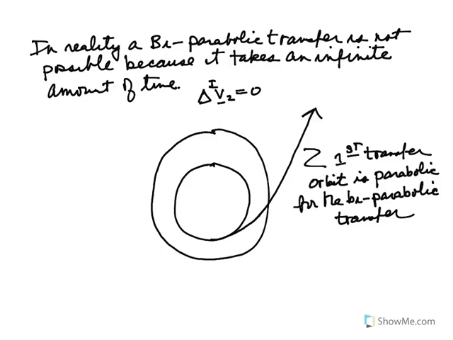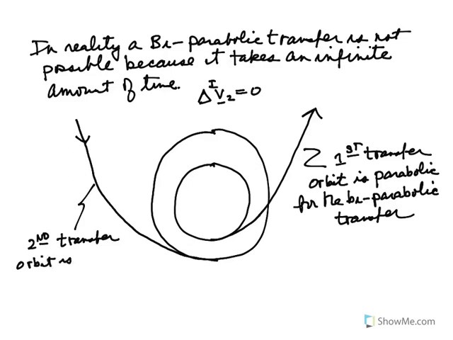Now, similarly, the second part of the transfer is an inbound parabola. So this is the second transfer orbit. It is parabolic for the biparabolic transfer.